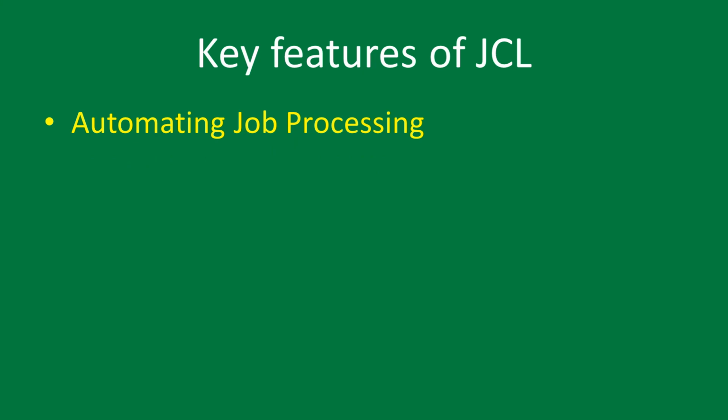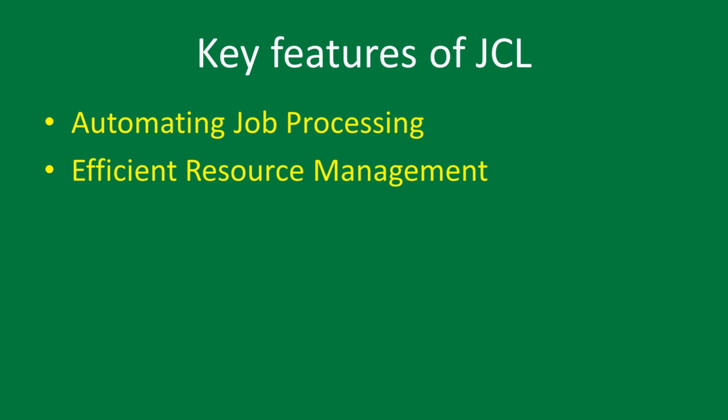The first feature we discussed was automating job processing, and the second is efficient resource management. Efficient resource management means JCL provides a means to allocate resources for jobs such as memory, disk space, and CPU time. This helps ensure that jobs are executed efficiently without overloading the system.